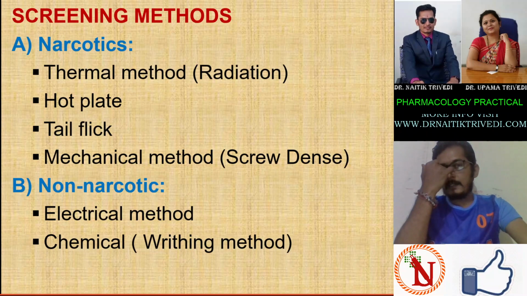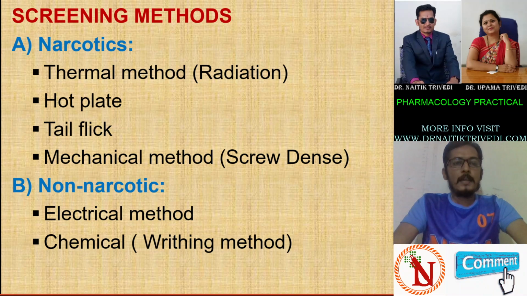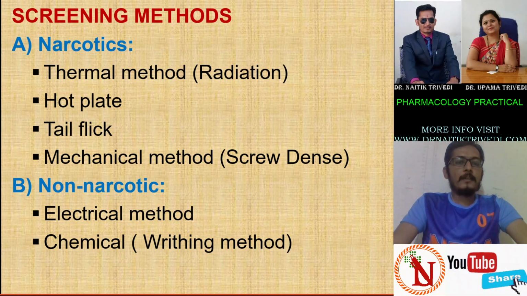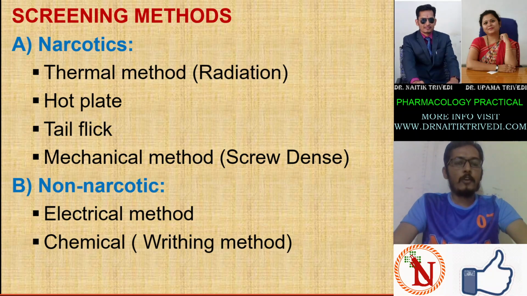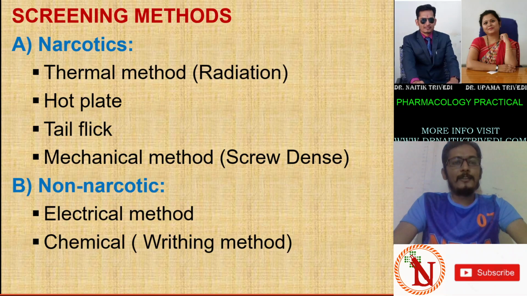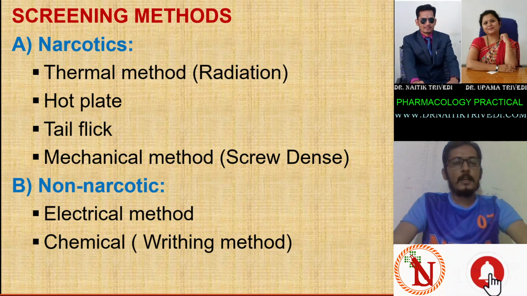In the practical, there are different screening methods useful to screen the analgesic effect. First is narcotic and second is non-narcotic. We have divided screening methods into two types, for narcotic drugs and for non-narcotic drugs.